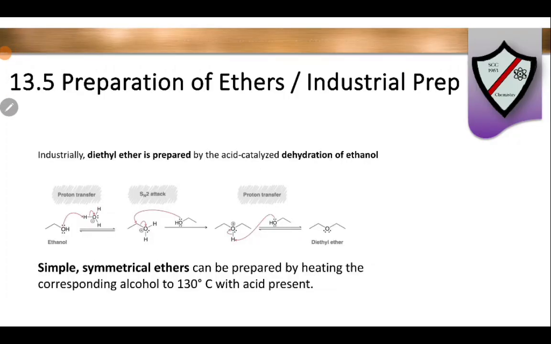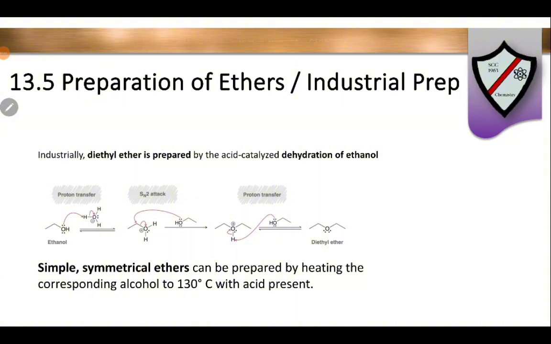As I said earlier, ethers are very important solvents in organic chemistry. They are commercially important products, with millions of tons really produced on a yearly basis. Industrially, we can prepare large amounts of ethers by dehydration of ethanol, and you can see the mechanism for that here.